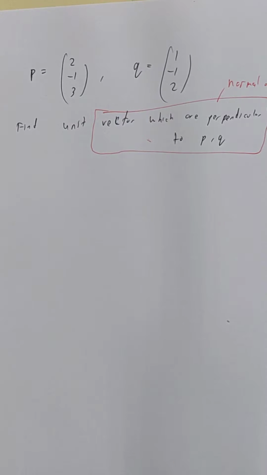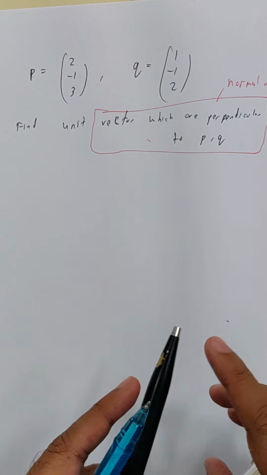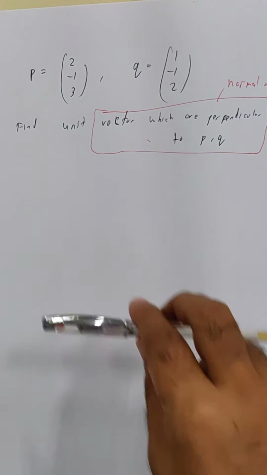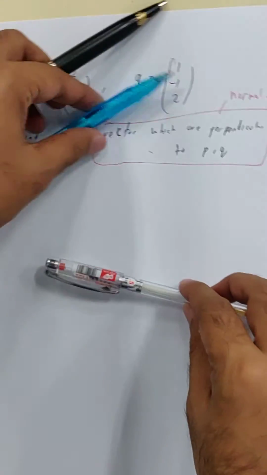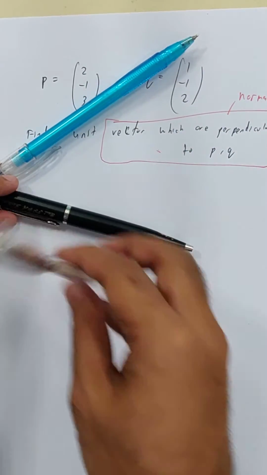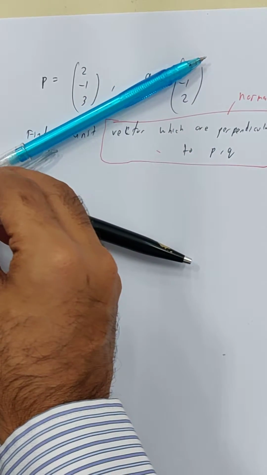And how do you find normal? A dot B or A cross B? Why cross? Why not dot? Yes, cross is when they intersect. If they intersect, they cross, they give me automatically normal.